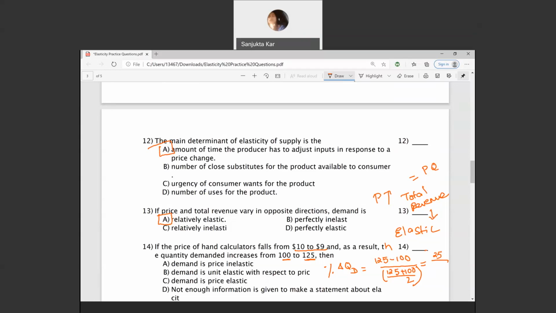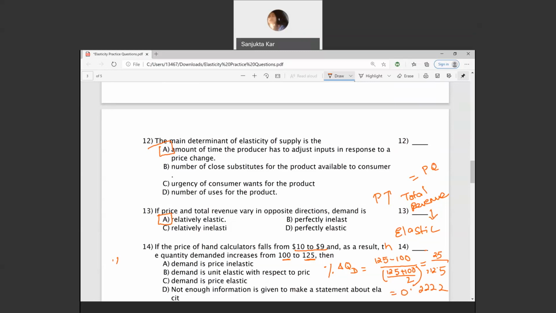Divided by 2, 112.5. So this is going to be 25 over 112.5. So this is 0.2222. That's what it's coming out to be.